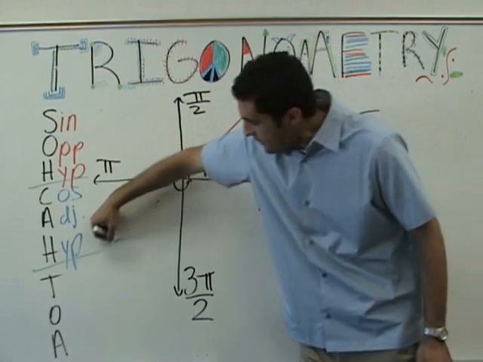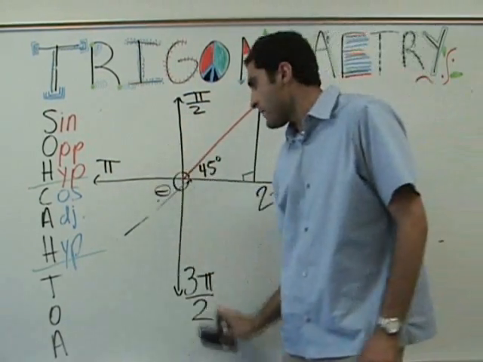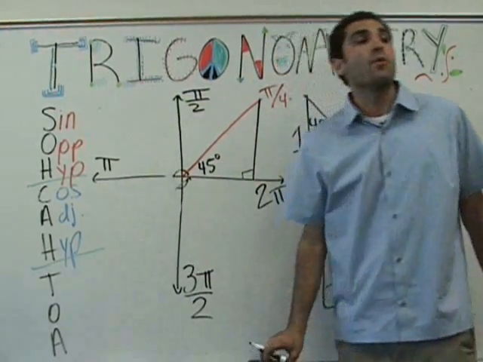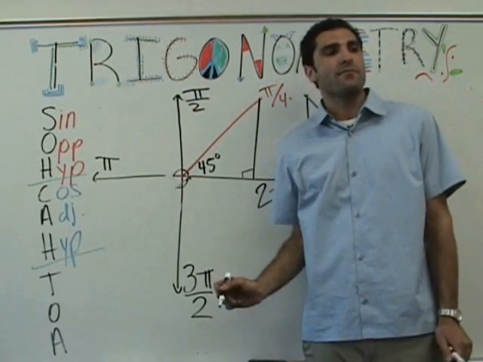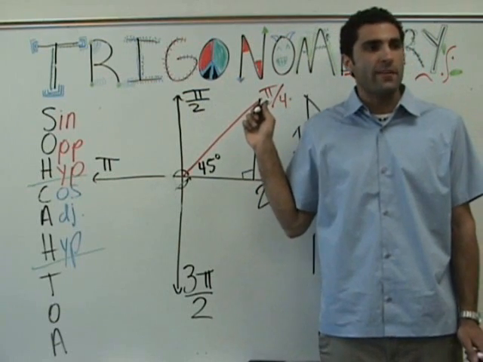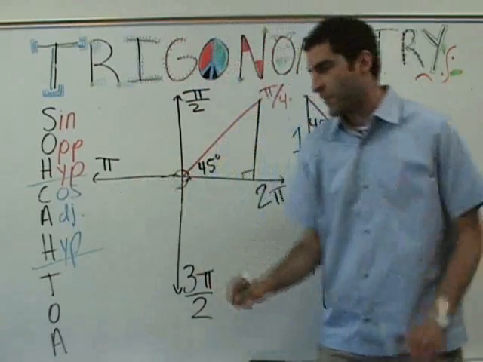Or if we did an angle here, the angle would be here. Question: pi over 4 is equal to 30 degrees? 45. If you half 90, you get 45. If you half pi over 2, you get pi over 4. If you have a follow-up question, feel free.